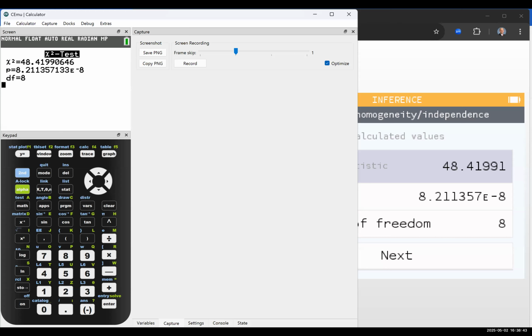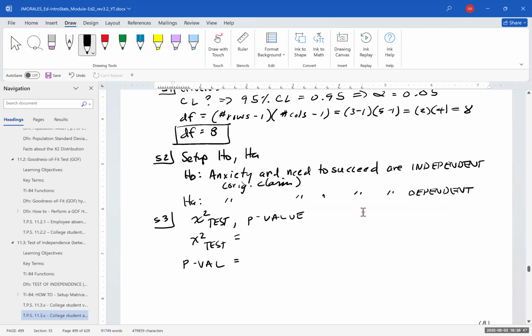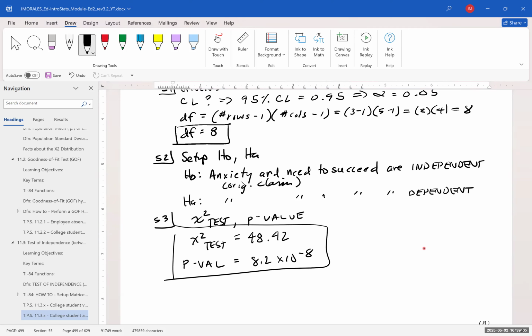All right, so let's go ahead and write those values down. My chi-squared test statistic is 48.42. And my p-value was 8.2 times 10 to the minus 8. Really, really small number.